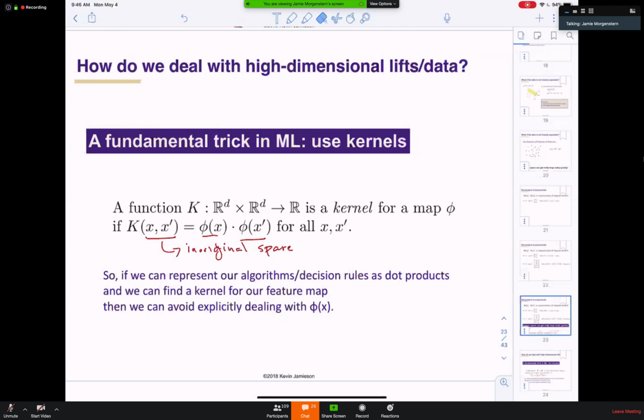So for any phi, there is a kernel, but ideally the kernel will be able to do that computation without explicitly applying the map and doing the dot product. And not all phis will actually have a kernel that doesn't have to do that explicit lifting of our data into the high dimensional representation and then doing the dot product.